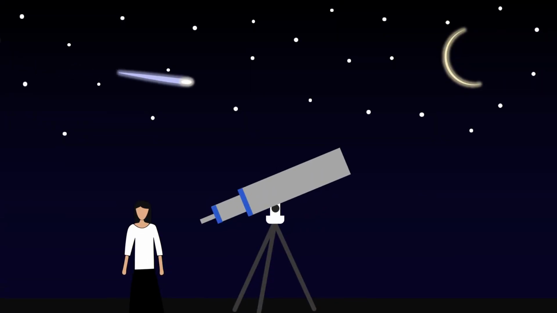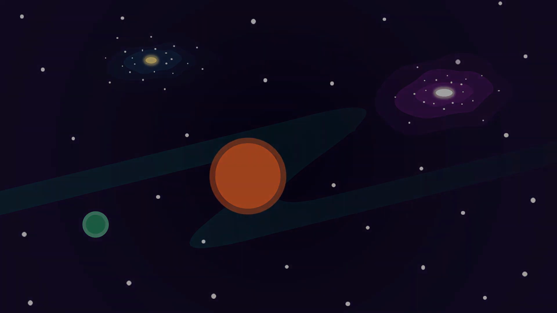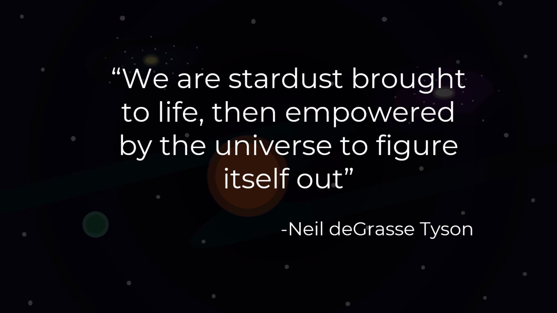But do you know what else is fascinating? Is the fact that even though we humans are microscopic in the cosmic scale, we have the ability to probe even the largest of objects. Indeed, as Neil deGrasse Tyson said, we are stardust brought to life, then empowered by the universe to figure itself out.